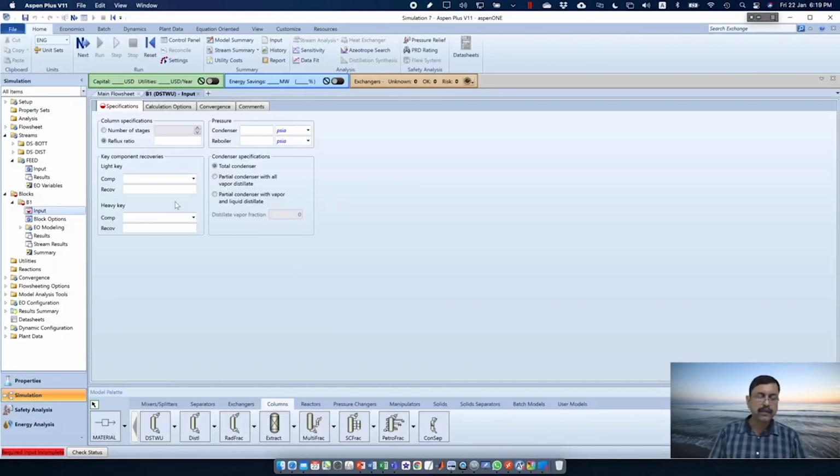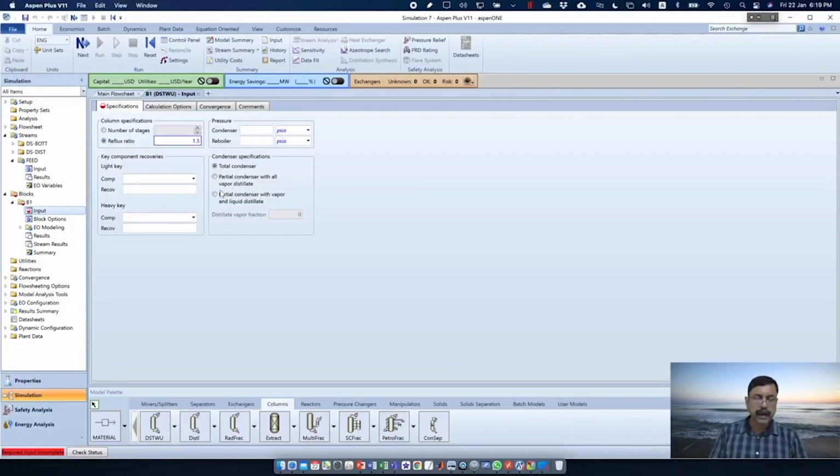Here in the reflux ratio, if we write 1.3, then the actual reflux ratio will be taken as 1.3. But if we write minus 1.3, then minus indicates that we are referring to 1.3 times the minimum reflux ratio. So that's what the prefix minus means over here. It is not a negative sign. It is 1.3 times the minimum reflux ratio. That's what it means.